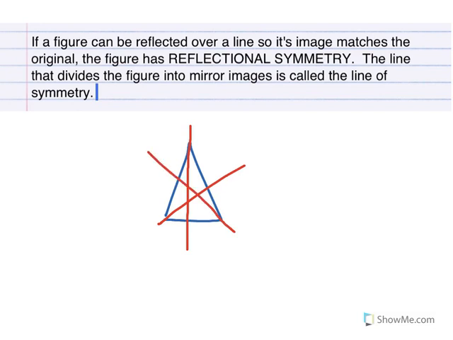Again, mine's not perfectly drawn, but you know what a line of symmetry is. A heart has 1 line of symmetry here. A circle has an infinite number of lines of symmetry, and so on and so forth. But that's all we have to cover for our lesson today.